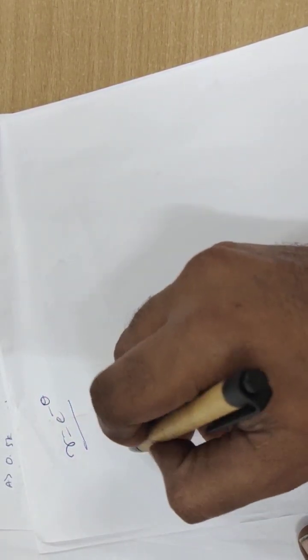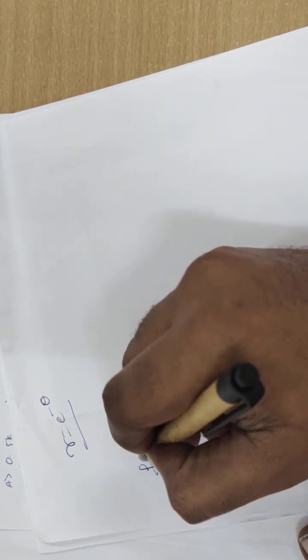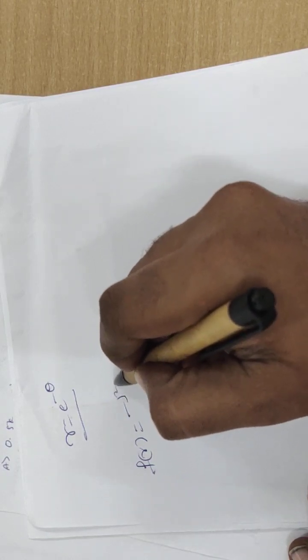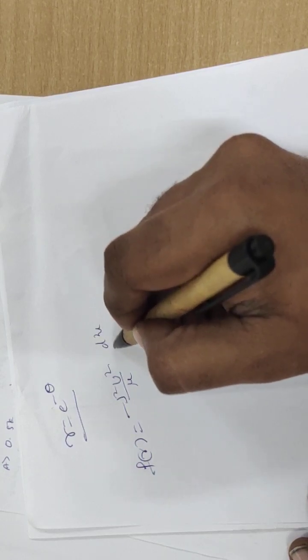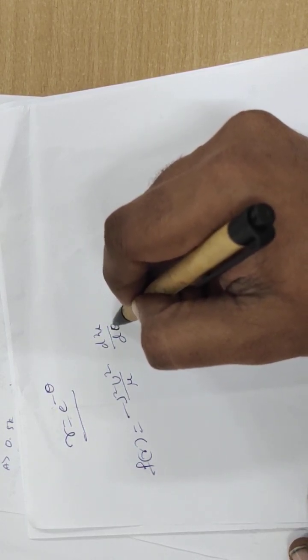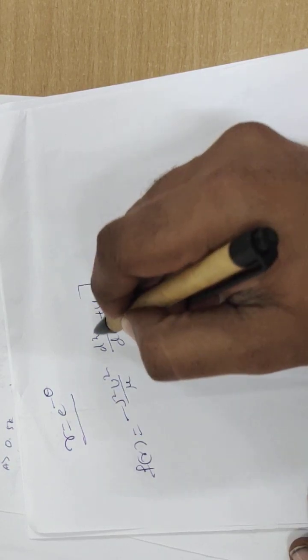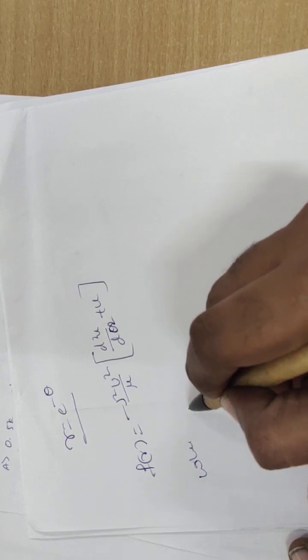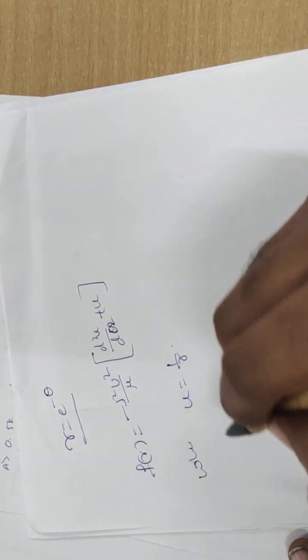Next, we have an expression for this, that is f of r is equal to minus j squared u squared by mu into d squared u by d theta squared plus u, where u is nothing but 1 by r.